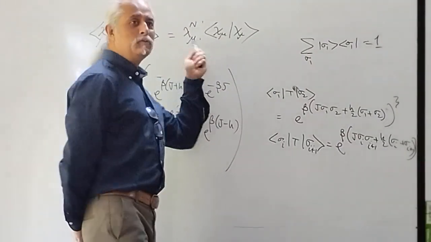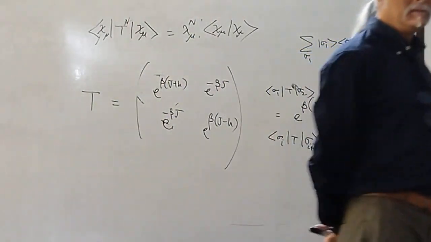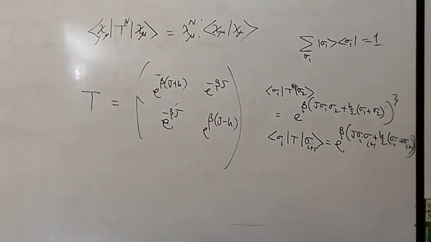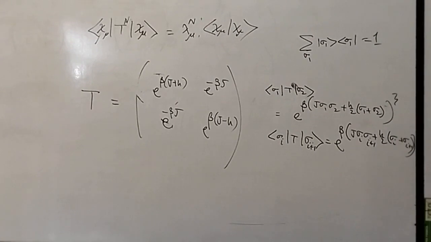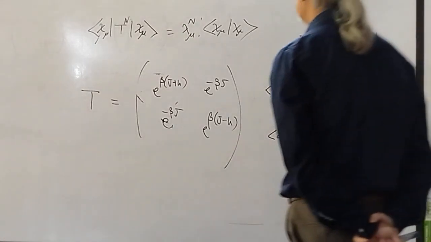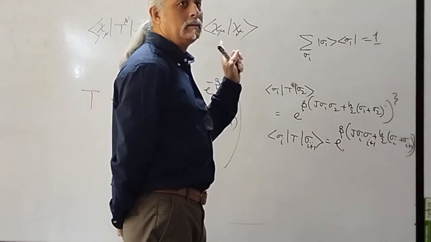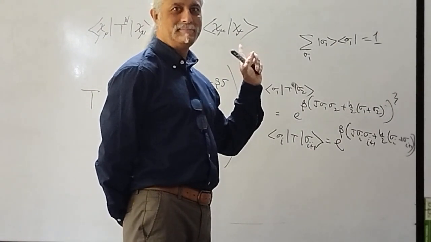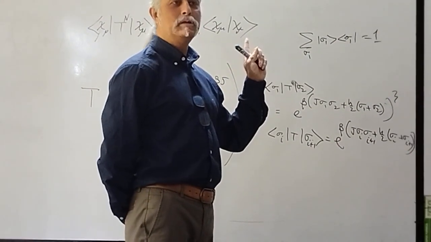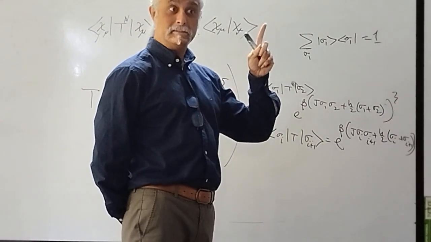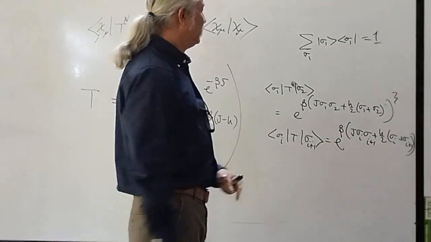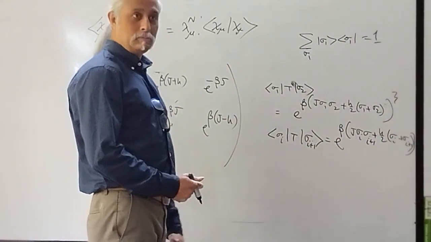Now that means if we can find the eigenvalues, the onus is on us to find the eigenvalues. In the last class I wrote that we can write the secular equation. And what does the secular equation do? Determinant of the matrix minus lambda equal to 0.